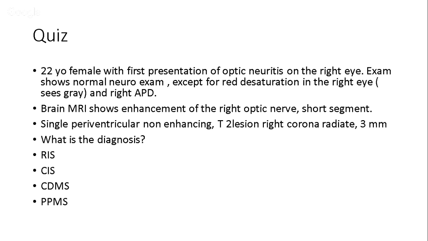Okay, this is more like a clinical question. A 22-year-old female, first presentation of optic neuritis in the right eye. Exam shows a normal neurological exam except for red desaturation in the right eye and a right APD. MRI shows enhancement of the right optic nerve, short segment, and a single periventricular non-enhancing T2 lesion in the right corona radiata, 3 millimeters.